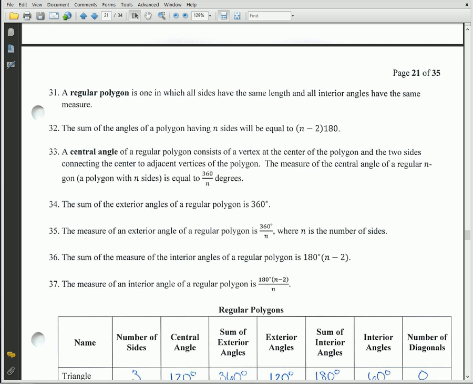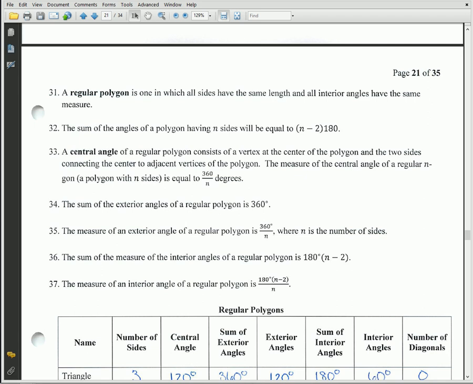So a regular polygon would be a square when we're talking about quadrilaterals. The only regular quadrilateral is a square, because a rhombus doesn't necessarily have the same angles.